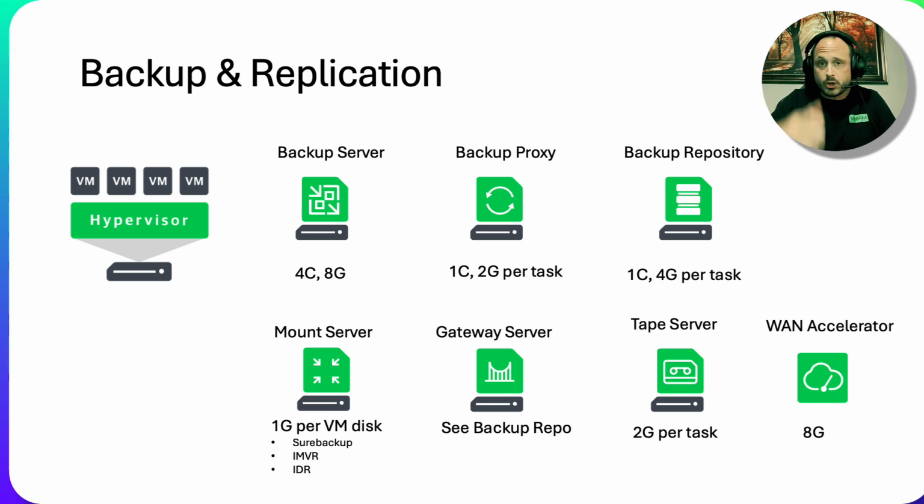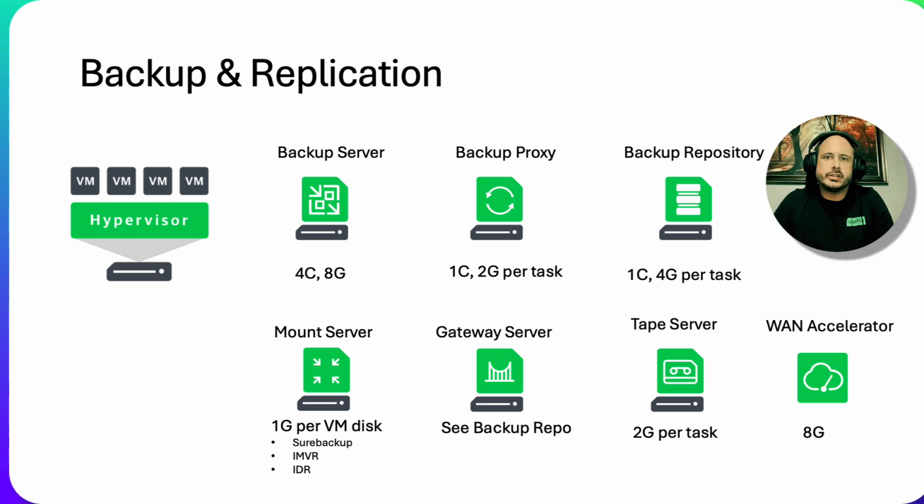You'll also want to keep in mind how many concurrent jobs the VBR server can run at the same time. Depending on the type of job that you set, there is the single file backup job, which is the old way of doing things, and then there's the per-VM backup job, which is what we typically recommend. If you're doing a per-VM backup job, the max VMs you can put in there is 300.